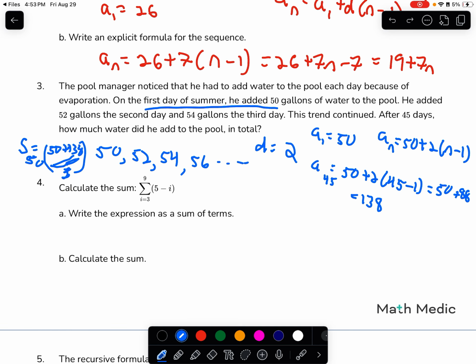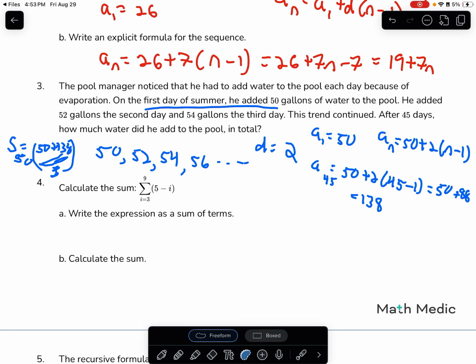All right, so, no, it's not. After 45 days, so it's not 50. It's not S of 50, it's S of 45, the first 45 terms.